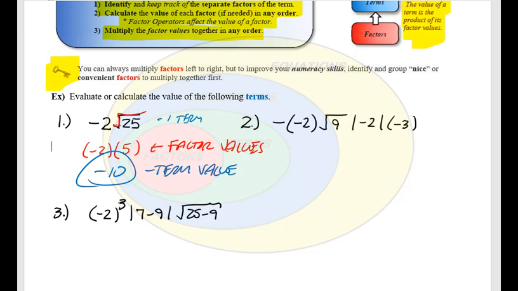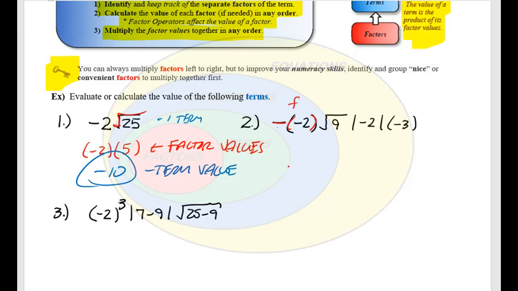So I hope it makes sense. Before I can understand the value of the term, I need to know the value of every factor in the term. So the next term, again, this is one term. There is no plus or minus outside of parentheses. So I'm just looking for and recognizing factors. So we have the opposite of negative 2. So this is one factor here.